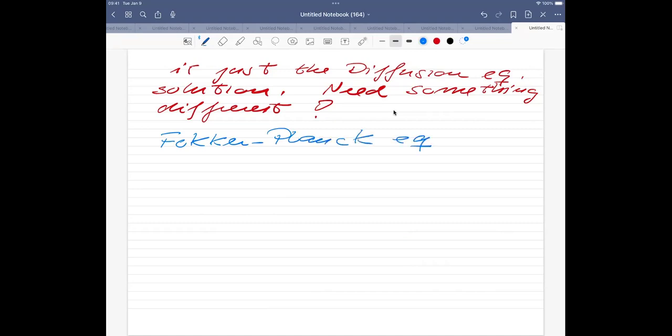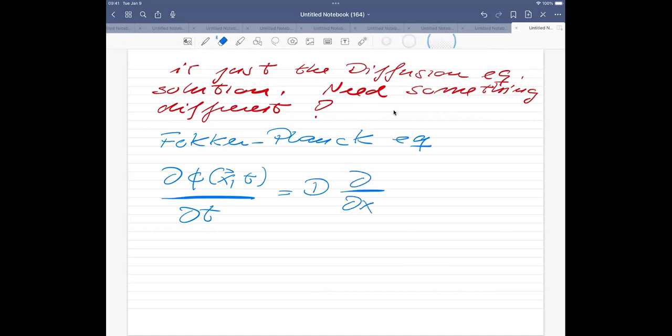This can be solved analytically. So what we would have then is an equation where we have the probability distribution as a function of t, which is then given by the diffusion constant D, and then I have d/dx. Let's just do one dimension here.